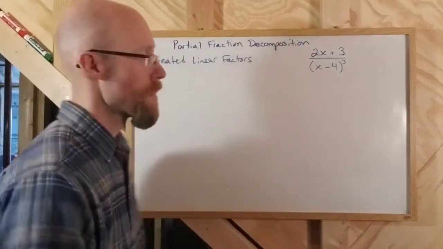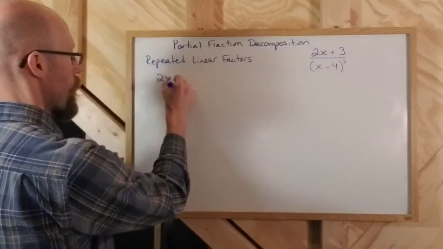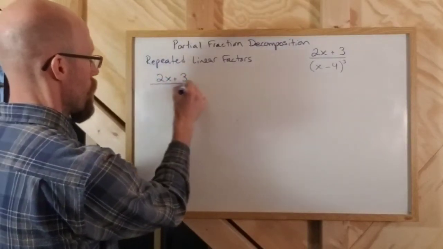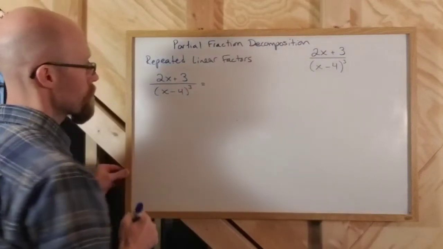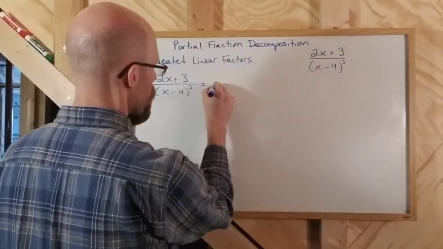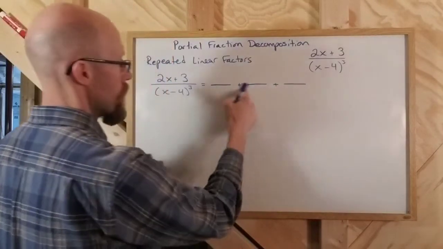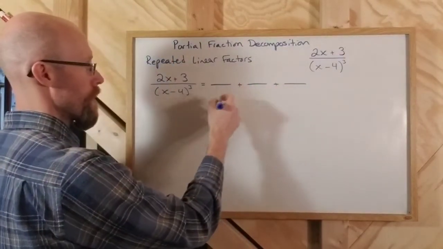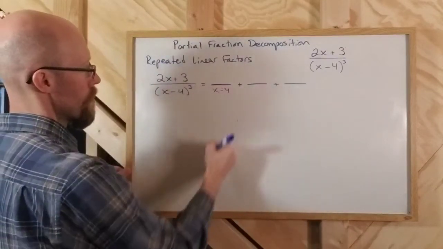make this up. So what I mean by that is the original fraction 2x plus 3 over x minus 4 cubed must be equal to the sum of three fractions. The denominators must be each of the powers of this, x minus 4.